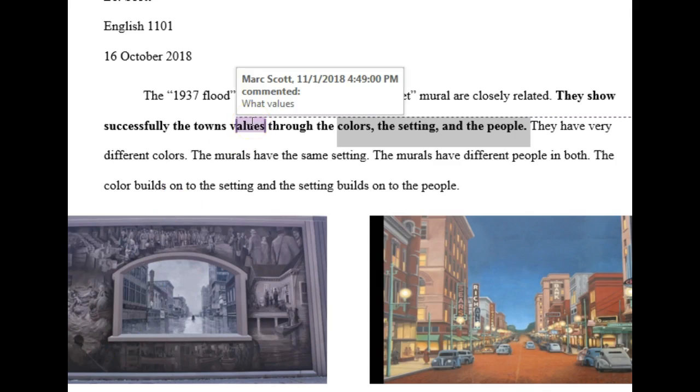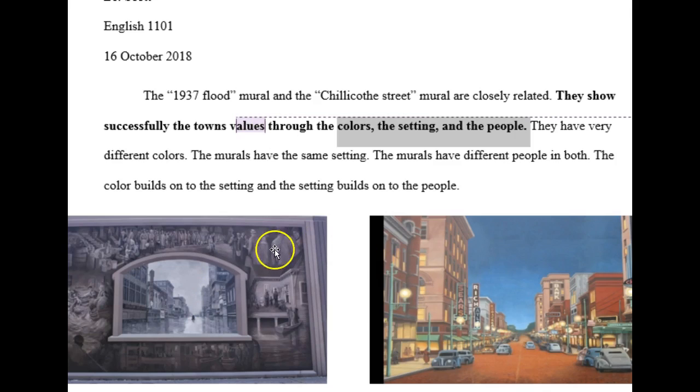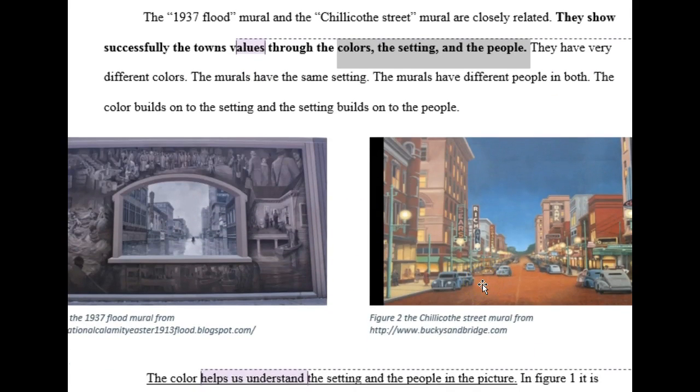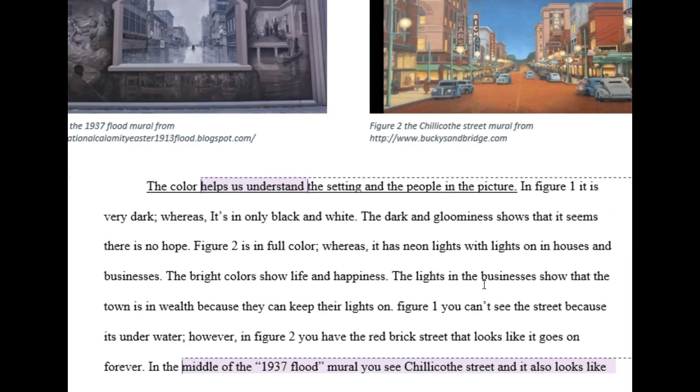So you need to get off just that there are values being shown, and actually talk about what specific values are being shown. And remember, you're talking about two different murals. So what's a value that's relevant to this mural and also relevant to this mural? It's tricky, but I think you can definitely do that.